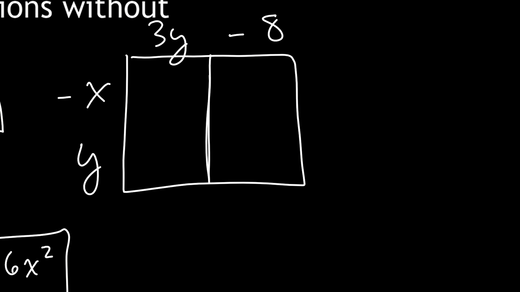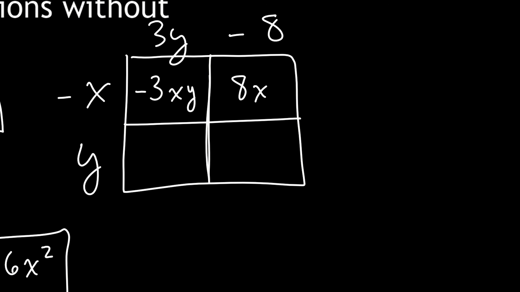So what are our parts here? Well, this first box is interesting. I've got a 3y times a negative x. So I'm just going to write that as a negative 3, and then I usually list my variables in alphabetical order if there's more than one of them. So it's a negative 3 times xy. How about negative 8 times negative x? If I multiply those, I'm going to get a positive 8x.